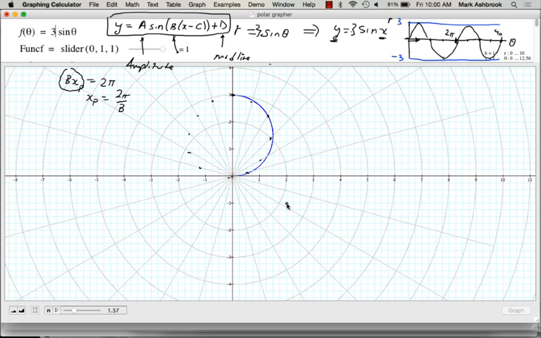For each change in the angle, r is sliding back from 3 to 0. Let's watch the points first. You see r is decreasing as theta increases to pi. Starting at pi over 2 again, as the angle increases, r decreases back to 0.